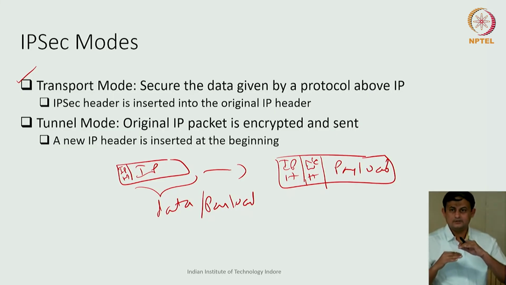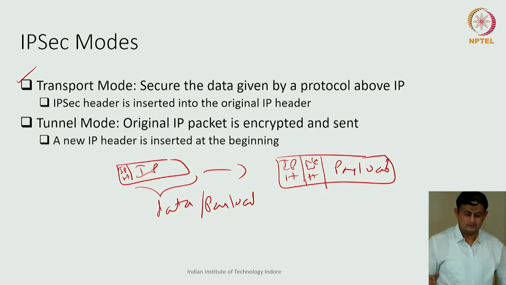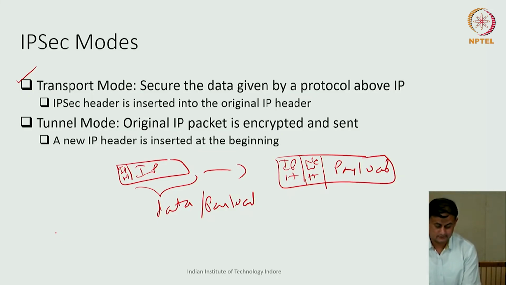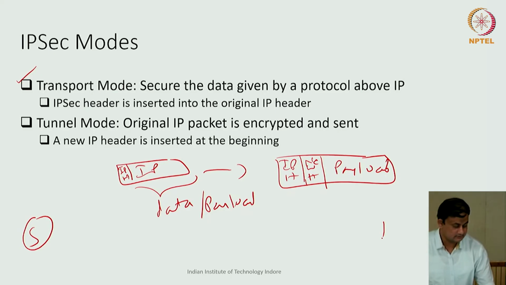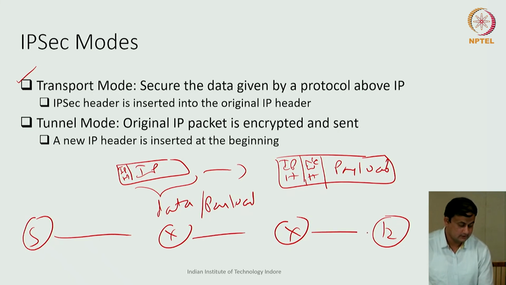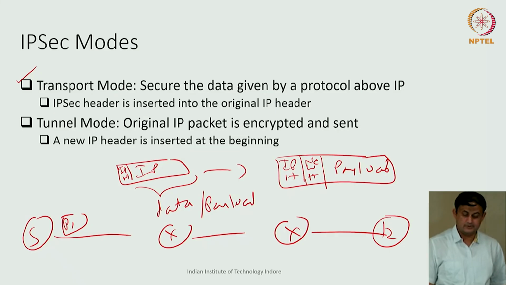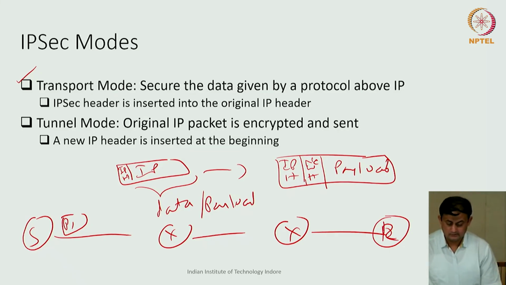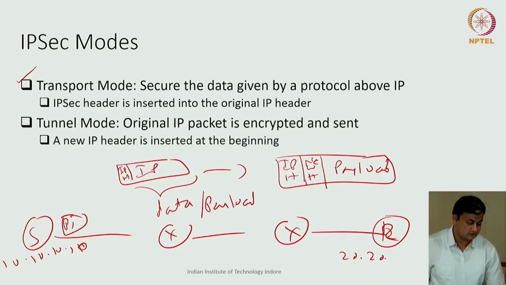So in that case, who is the sender and who is the recipient will be known. For example, if the sender is here and the recipient is here, and I have two routers in between, and I send a packet, let's say P1, from S to the recipient R, since I am not modifying the original IP header, let's say the sender's IP address is 10.10.10.10 and the recipient IP address is 20.20.20.20.